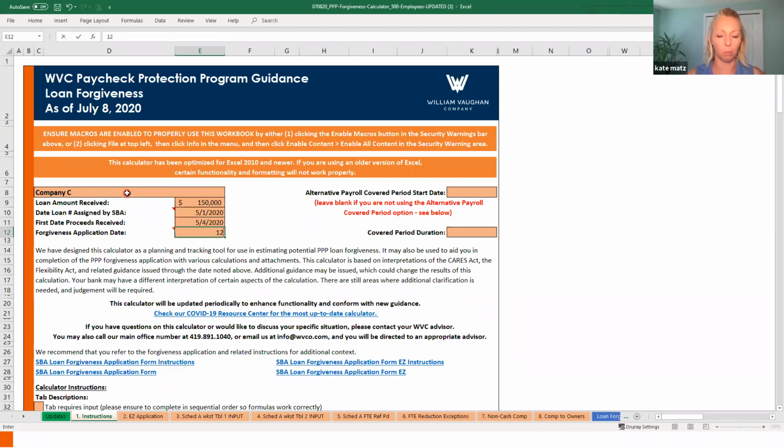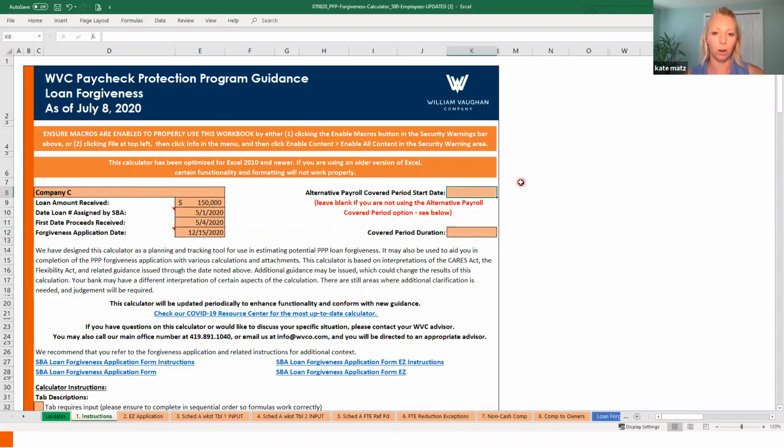So if their proceeds were received on 5/4, that's the start of their covered period. And they're not all the way through their covered period, so they're going to be looking at some actual information and some estimated information. And they're going to say, all right, let's estimate that we're going to submit our forgiveness application on 12/15.